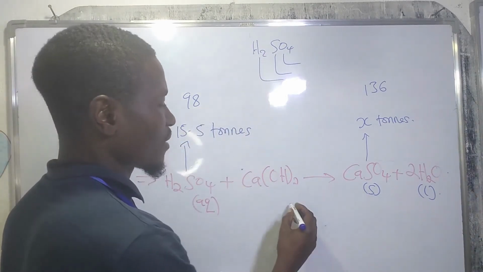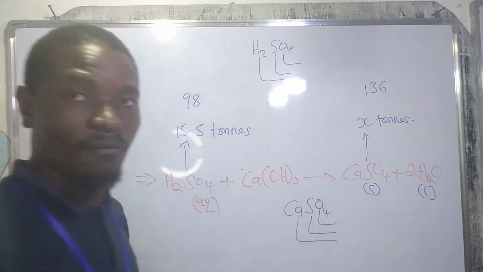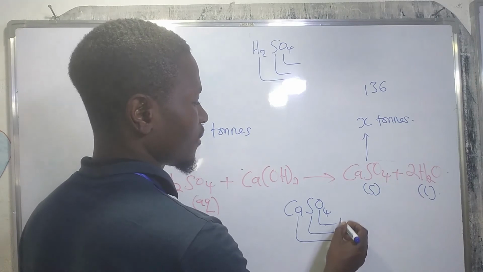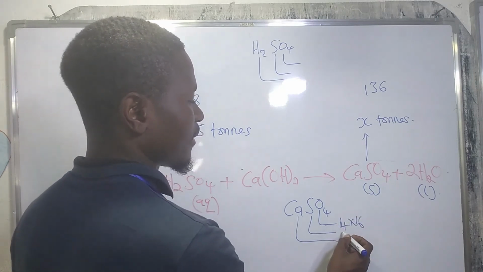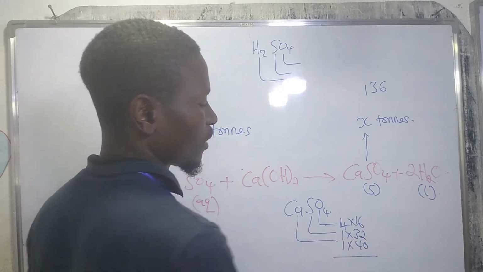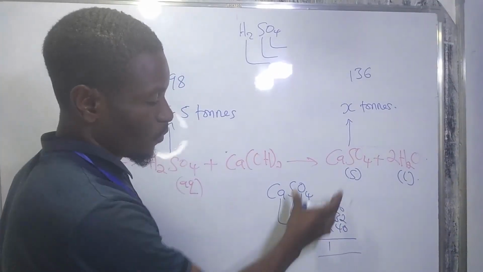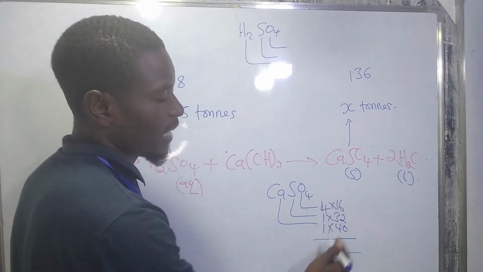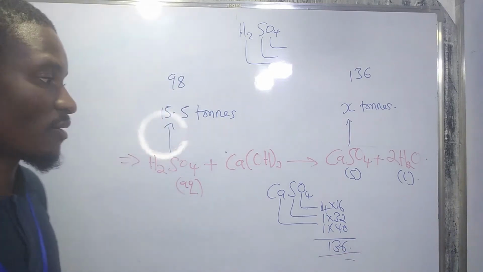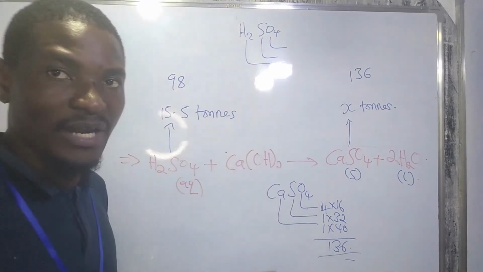Also for calcium sulfate, when you do this, that's where you get the 136. 4 multiplied by 16, 1 multiplied by 32, 1 multiplied by 40. When you add everything, first you multiply, and then you add those three numbers. So you can just practice on how to do that.